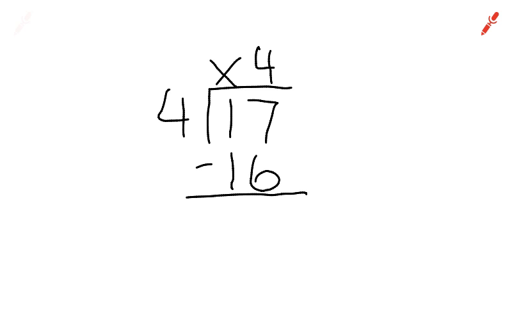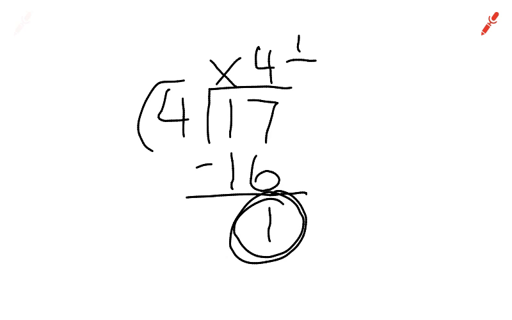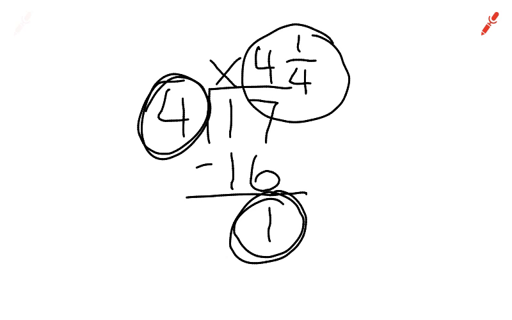We subtract now, and we're left with 1. 3 times in a row. 1 is going to be our leftover amount. That 1 goes in the top as our numerator. Then whatever's over here, which is a 4, goes on the bottom as our denominator. And our answer is 4 1/4.